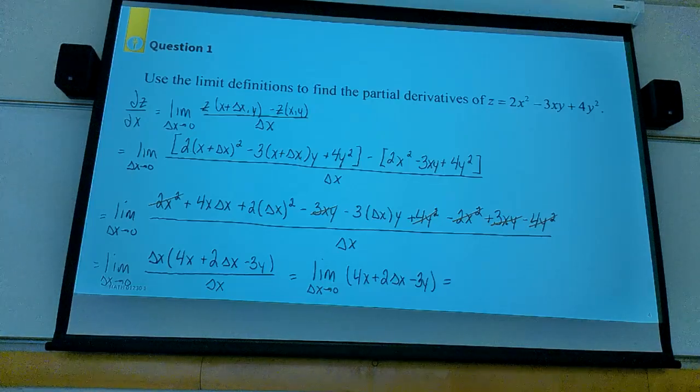And what is that limit? What is it? There's your partial with respect to x.